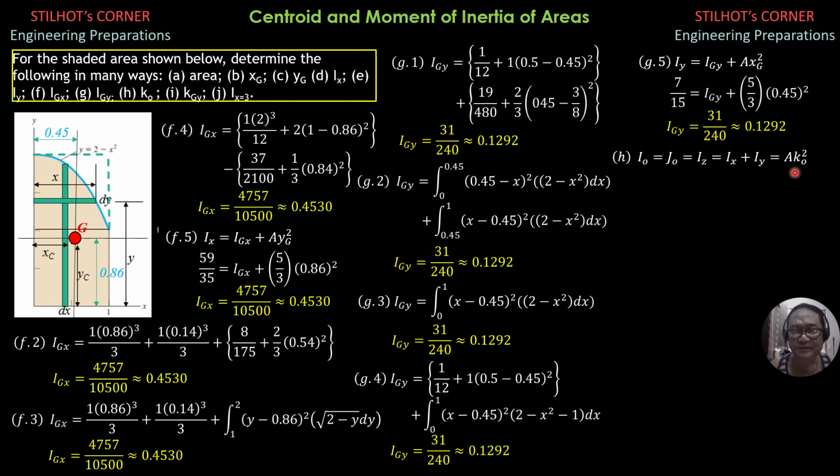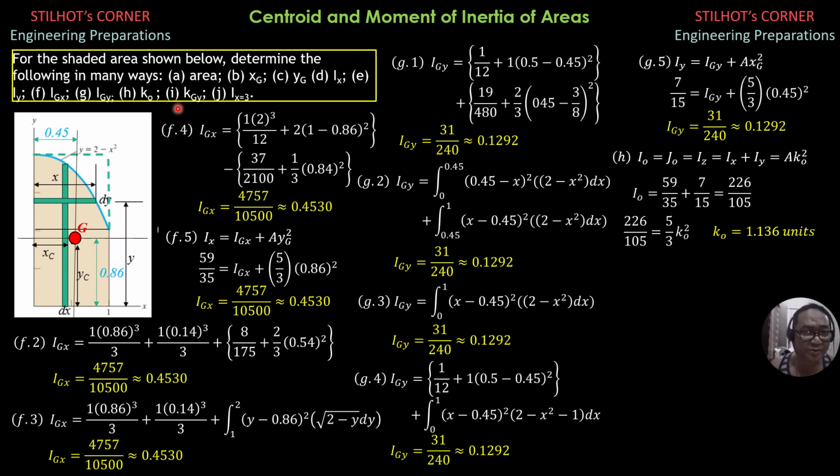Therefore, k_O is square root of I_O divided by area, where I_O is Ix plus Iy. Since Ix is already calculated as 59 over 35 and Iy is 7 over 15, that's 226 over 105, and area is 5/3. So 226 over 105 equals 5/3 k_O squared. So k_O can now be computed. It is 1.136 units.